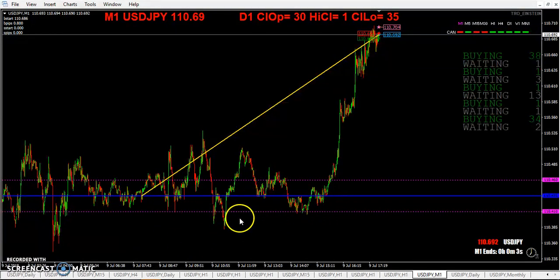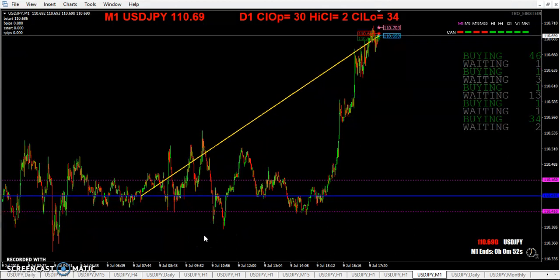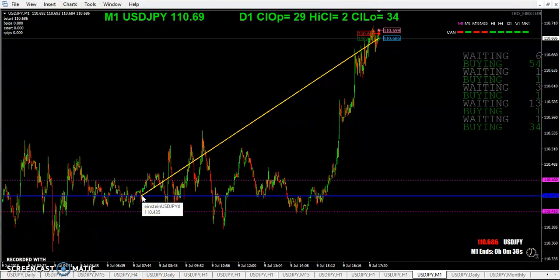But you could see here, it looks like a scratch or just a couple of pips. Fact being is, you wouldn't have taken that trade to the long side based on when you started, if you're using this as your reference point.